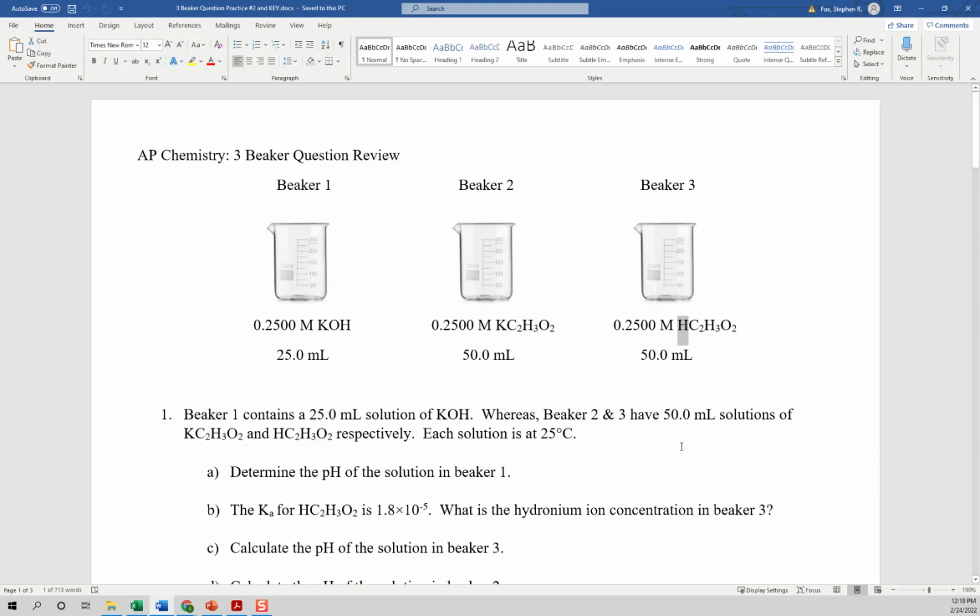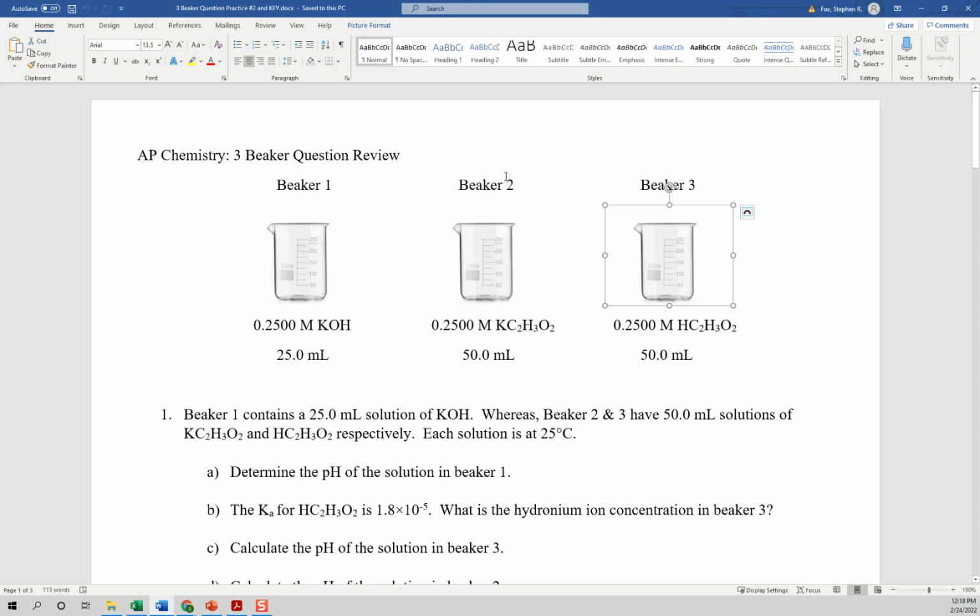okay? But another thing to note is you can make a buffer by mixing beaker 2 with beaker 3. Now, if we mix beaker 2 with beaker 3, we would have acetic acid in solution and we would have acetate in solution. We would have the conjugate acid-base pair, and they're weak, and that would be a buffer system. So let's think about it.